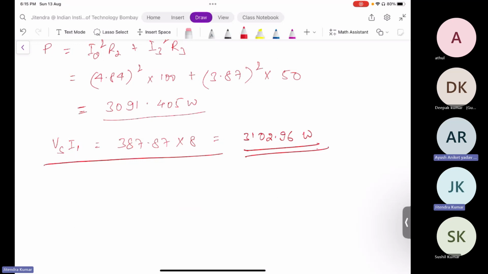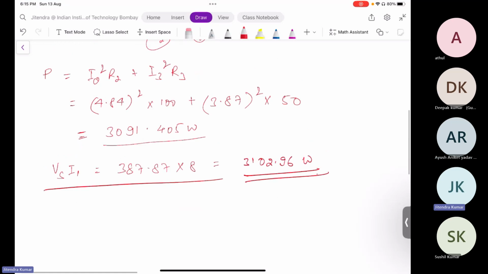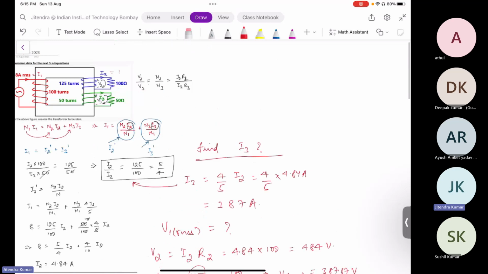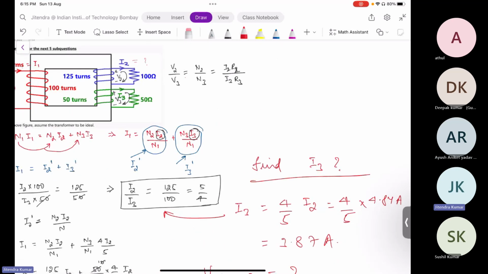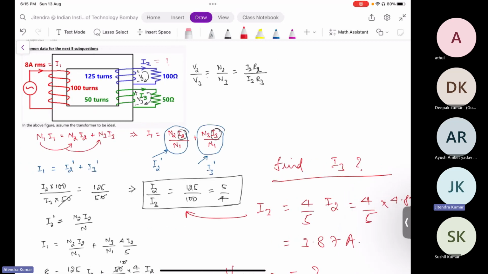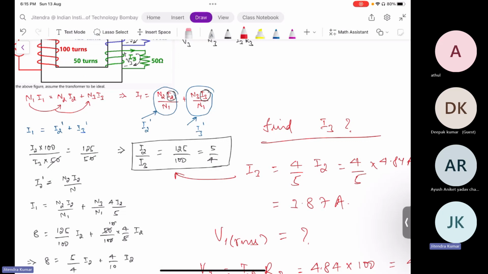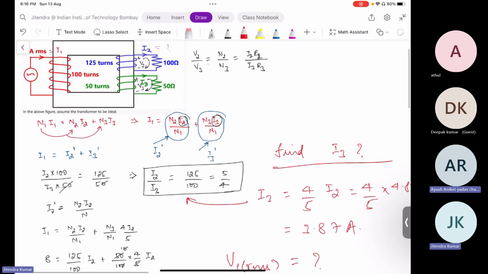Sir, I want to check the value of I1, sir. I1 value is 8 ampere, right? I1 value is 8 ampere. Approximately both are same, na, sir.